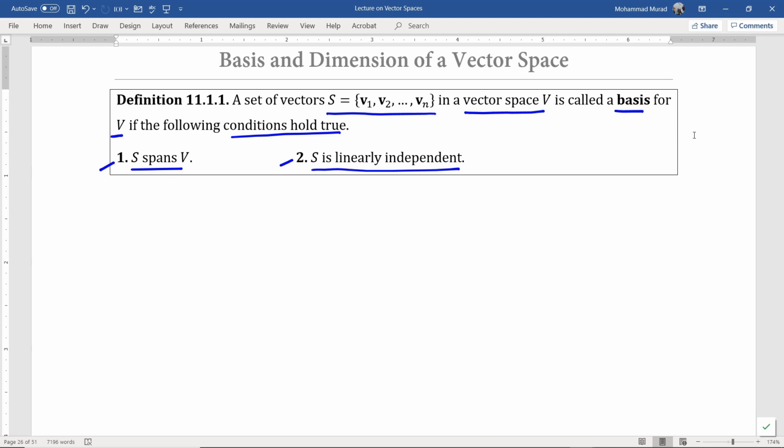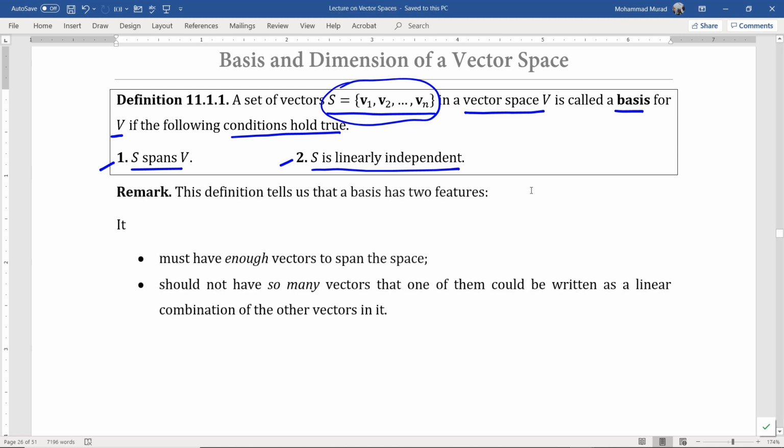So condition 1 means that every vector v in the vector space V can be written as a linear combination of the vectors in the set S. And condition 2 says the set S is linearly independent, meaning that no vector in the set S is a linear combination of the other vectors in the set S. This definition tells us that a basis has two features.